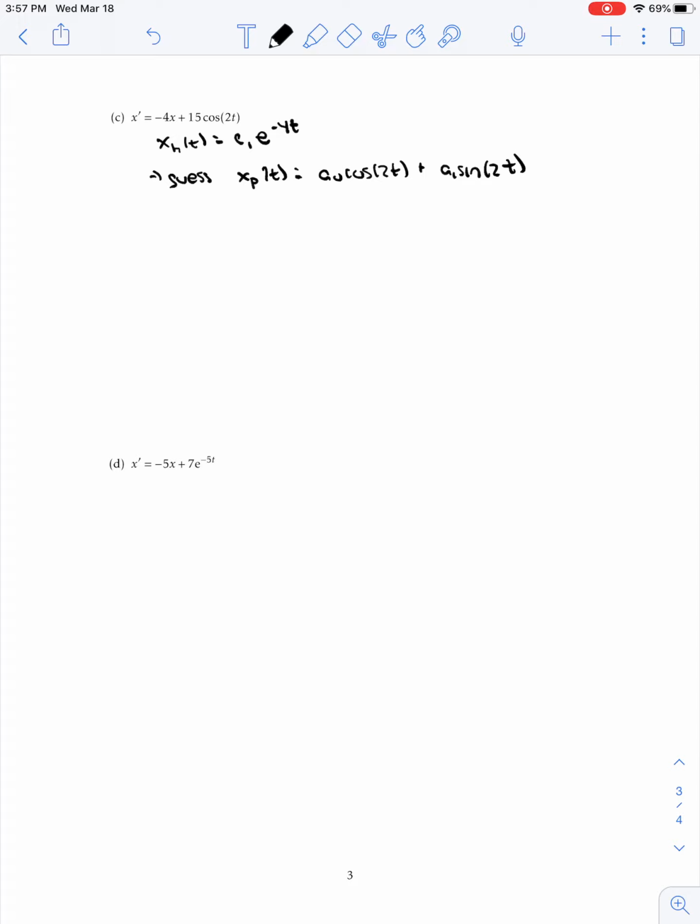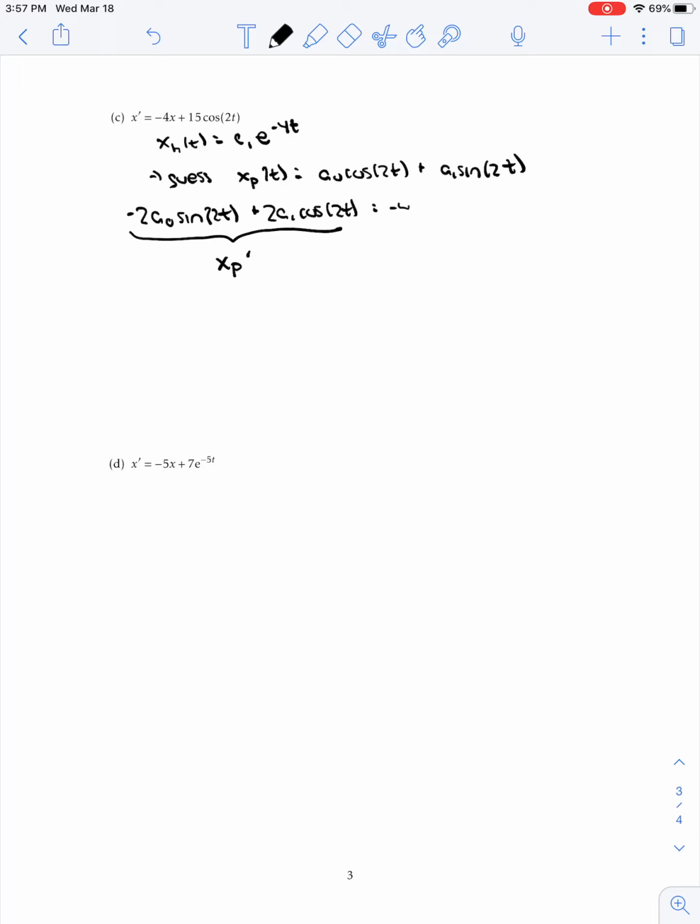So the derivative is going to give me minus 2a naught sine of 2t plus 2a1 cosine of 2t. Okay, so this is the derivative of the particular guess.